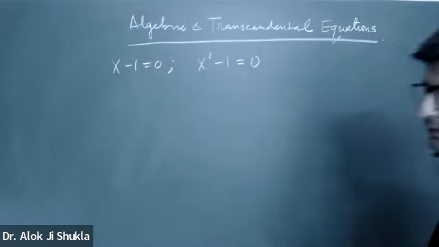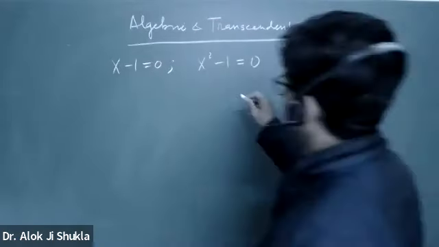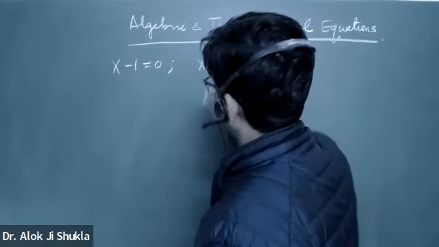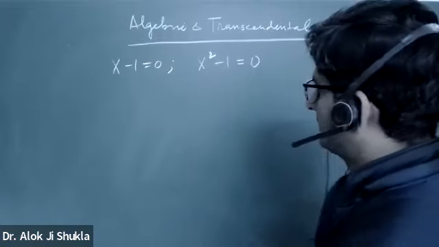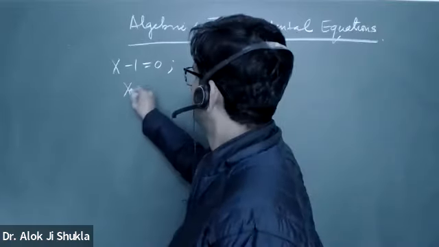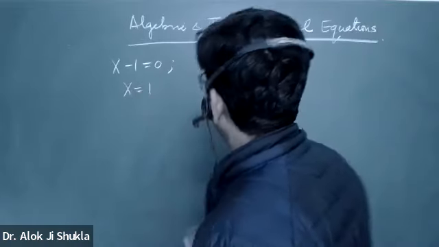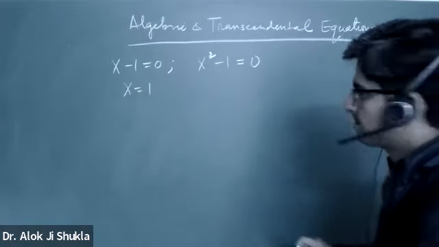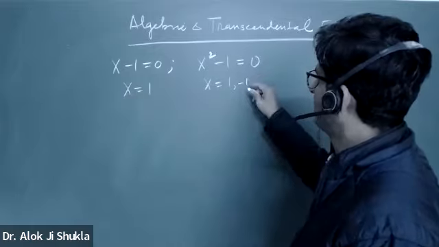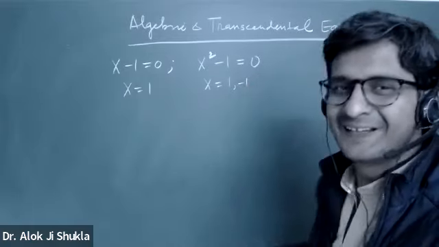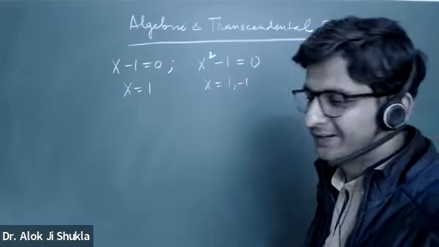What is the solution of the first equation? Yes, x equals 1. x is equal to 1. What is the solution of this equation? x is equal to plus minus 1. x is equal to 1 and minus 1. So no numerical technique is required up to this point, right?